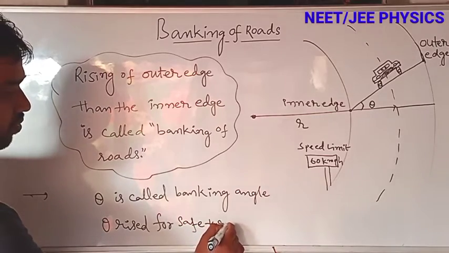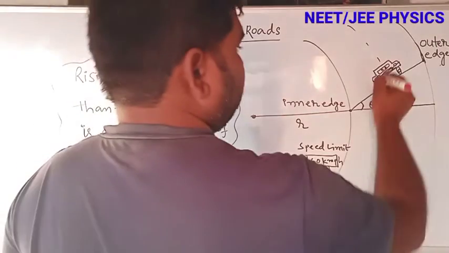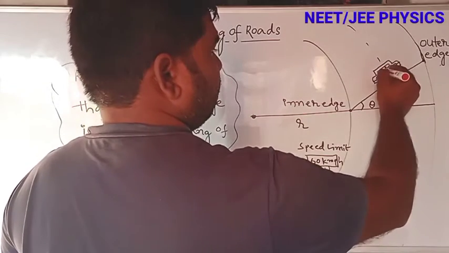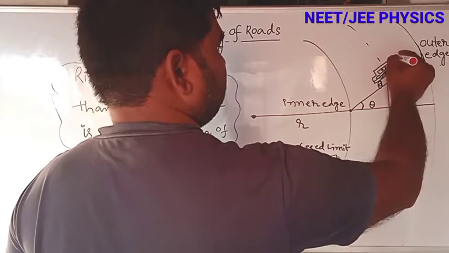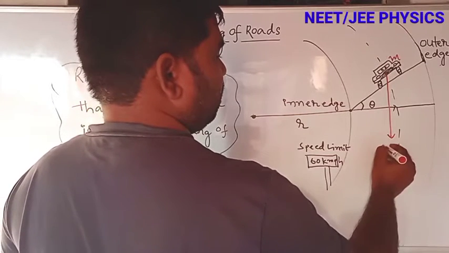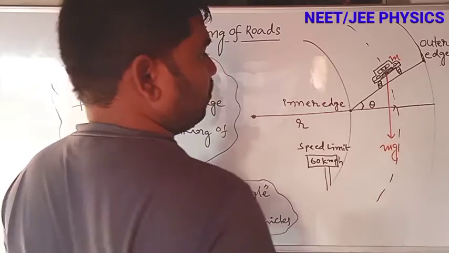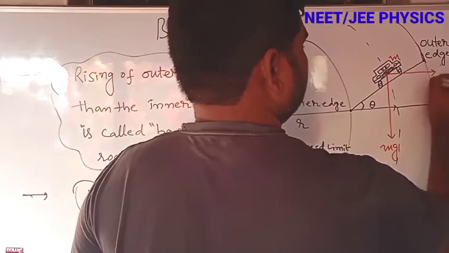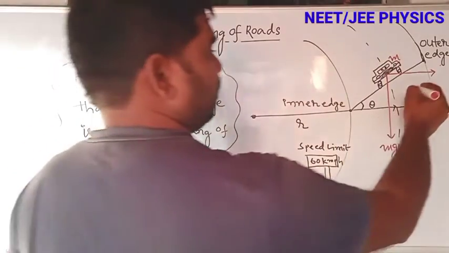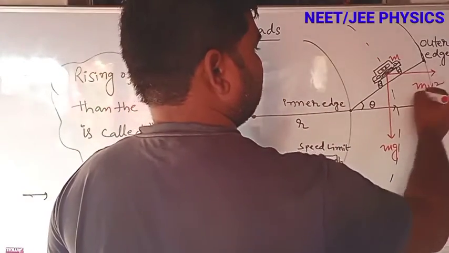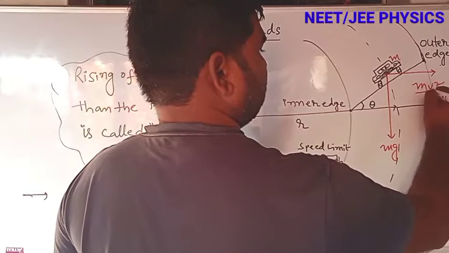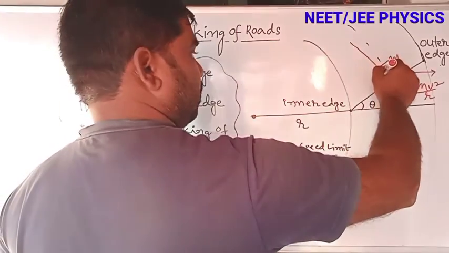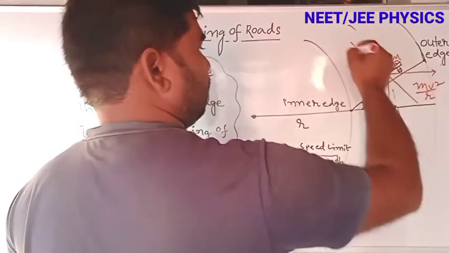Now what are the forces acting on the vehicle? On the vehicle, weight acts downward. The mass of the vehicle is m, weight is mg, and the centripetal force, the outward force, is mv square by r, and the normal reaction is normal to the inclined plane.